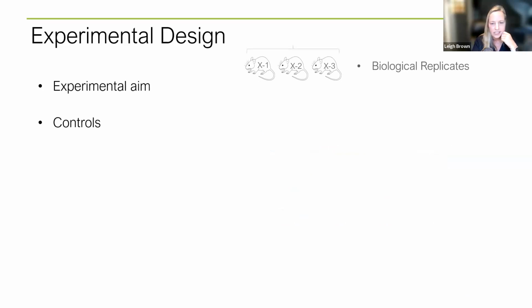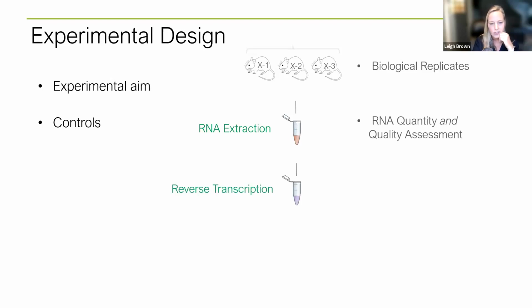The first one is, of course, having different biological replicates. After you extract the RNA from your sample, in the case of our student, it would be from the cells in the cadaver knee. In this one, it would be from the mice. I think this was a liver experiment, right? So there are controls that you want to look at here. How good was your RNA quality and how much of it did you get out?